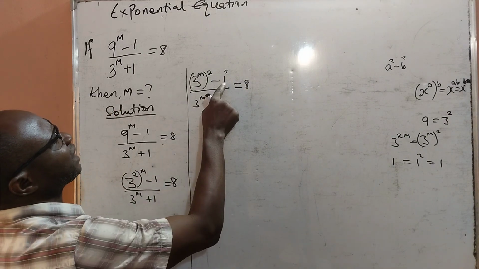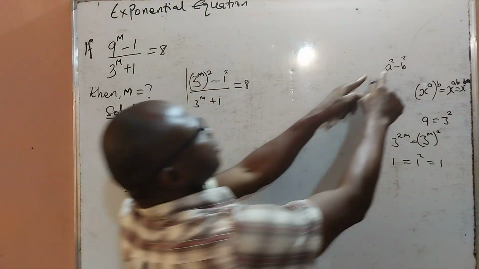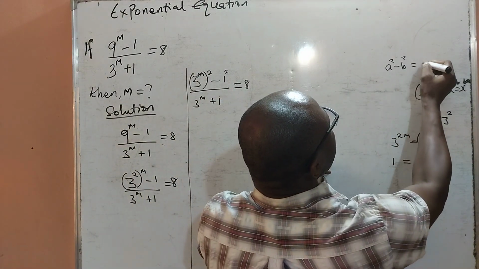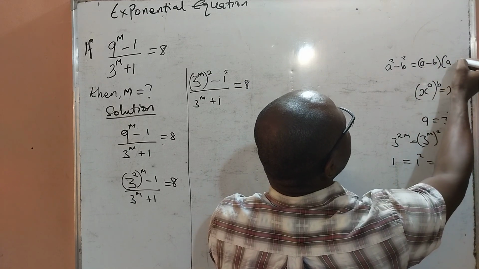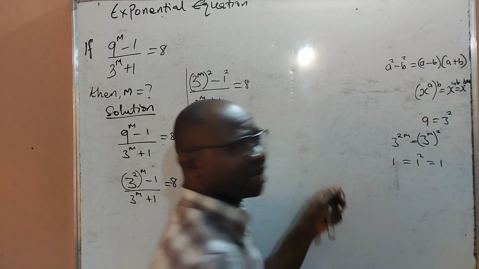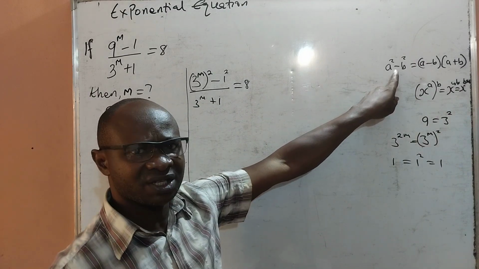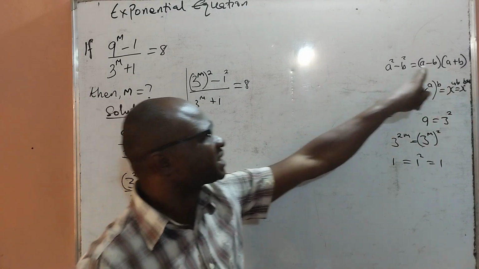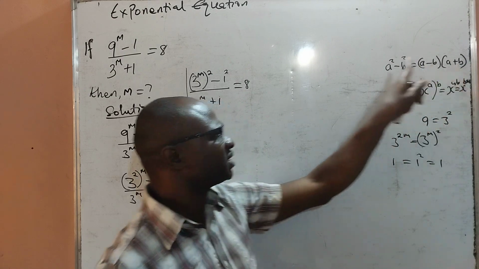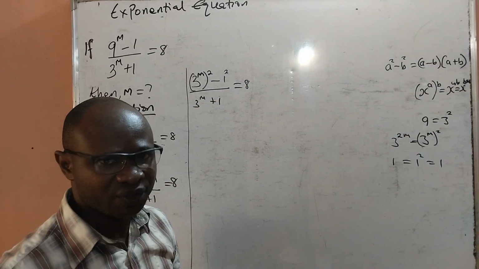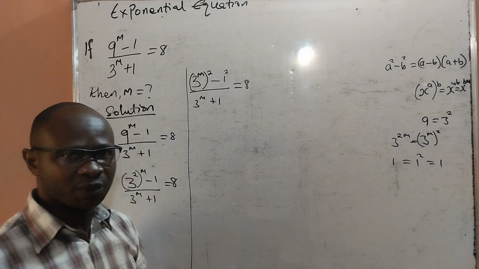That is the reason why I am having 1 raised to power 2. Whenever I see it like this, it is called difference of two squares. It can be represented as this because when you open the two brackets, it results back to a raised to power 2 minus b raised to power 2.